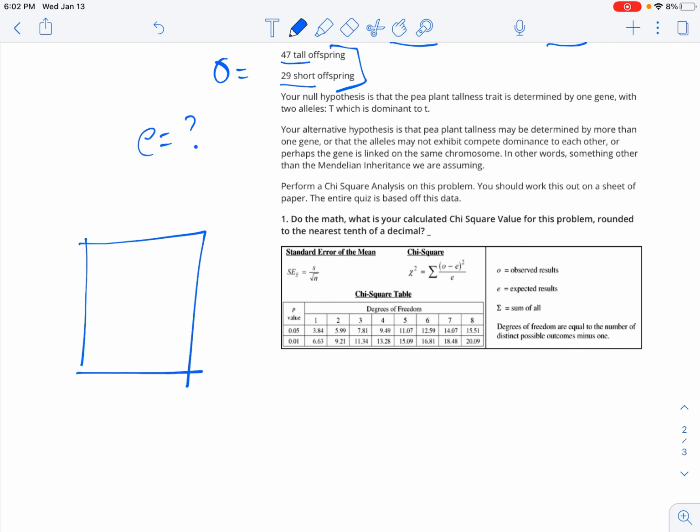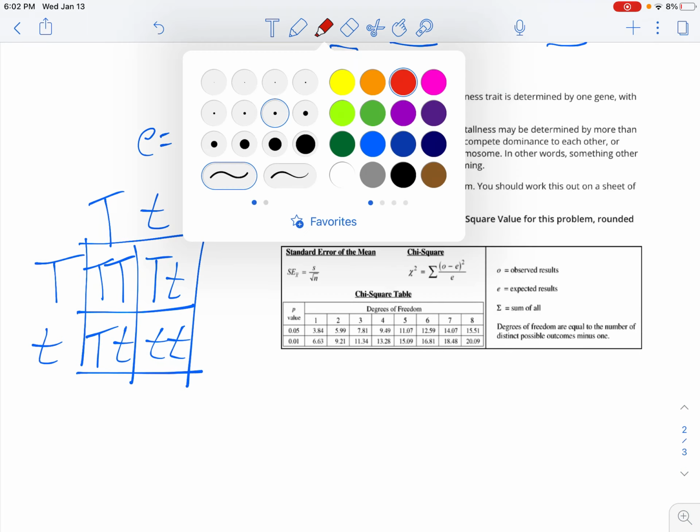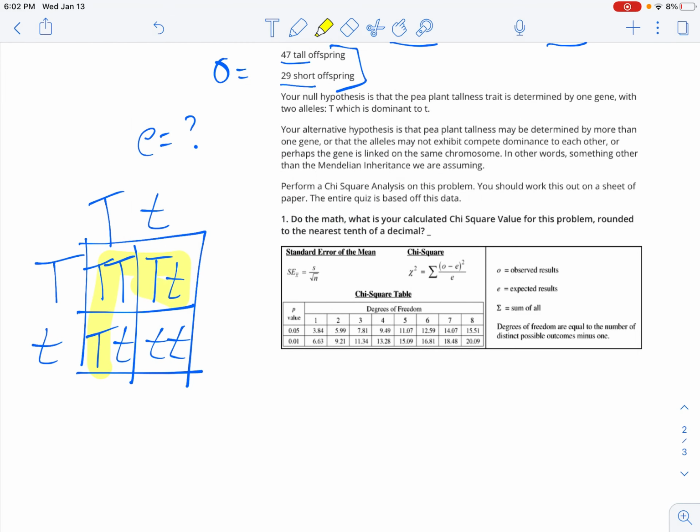So, got to make a Punnett square cross. We're crossing heterozygous tall with heterozygous tall. And you guys know how to do that. Okay, so those are all going to be tall.